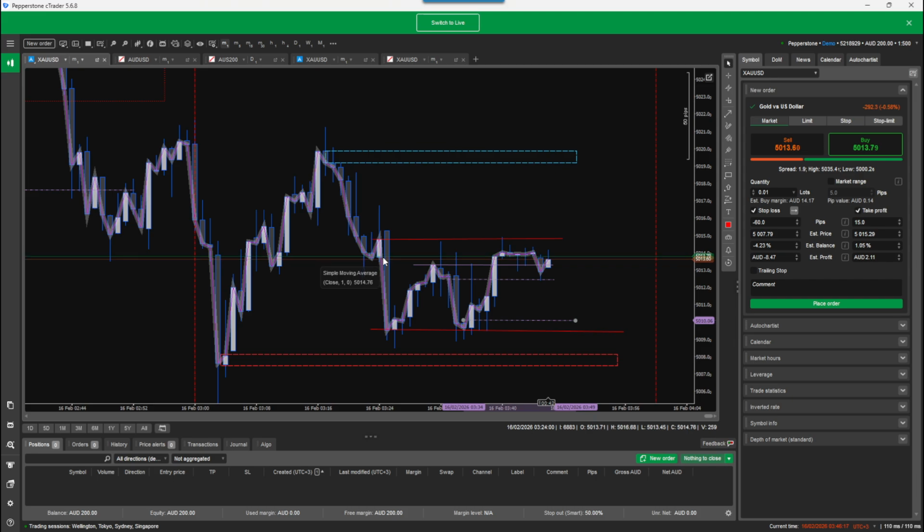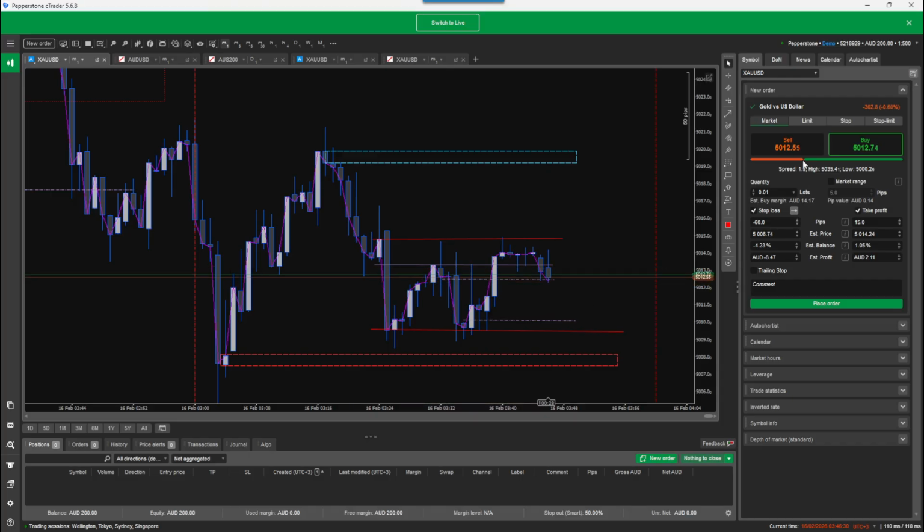It's come back to this break point here, which is this point in here. An outside bar, little to no direction.